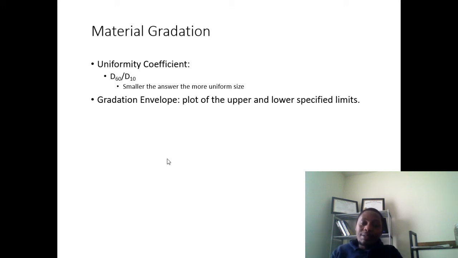And if the gradation envelope is huge, it means that it has a less gradient. Or if it's so close together, so steep, it means that the D10, D60 is smaller. So you need to understand the relationship between the uniformity coefficient and the gradation envelope.